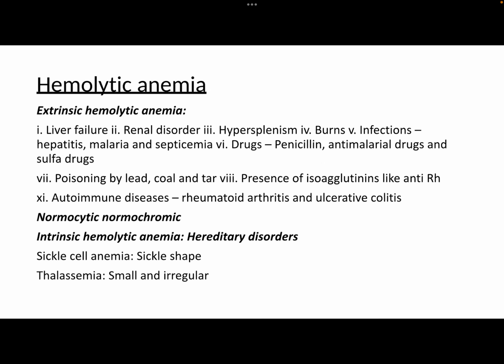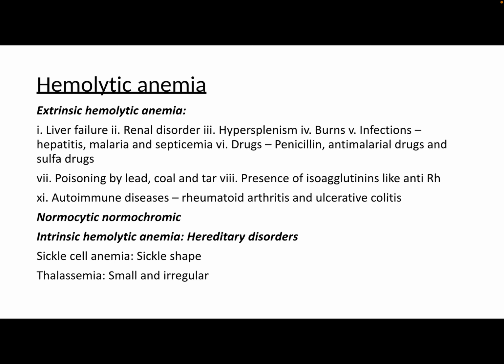And hemolytic anemias are the anemias where hemolysis is present. There are two types of hemolytic anemias, extrinsic hemolytic anemia and intrinsic hemolytic anemia.